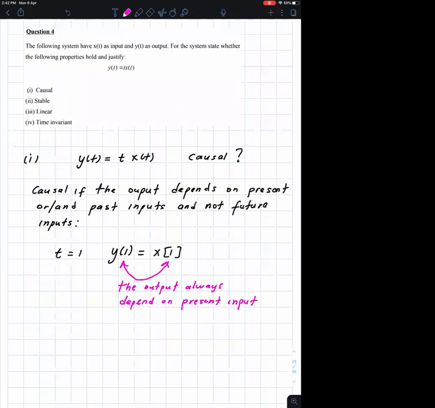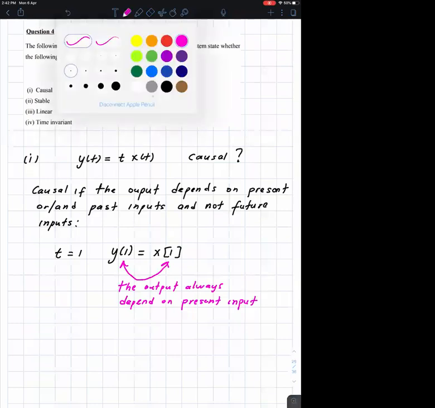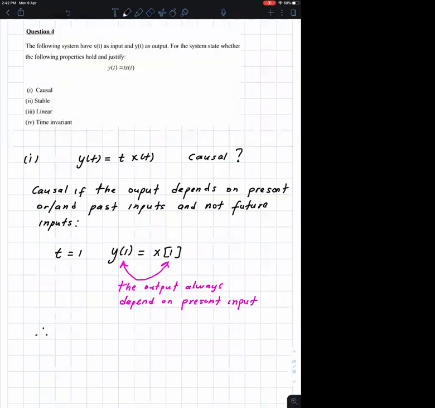If you put 1 here, it's going to be 1 there. If you put 2 here, it's going to be 2 there. If you put 0 here, it's going to be 0 there. Therefore, it is causal.